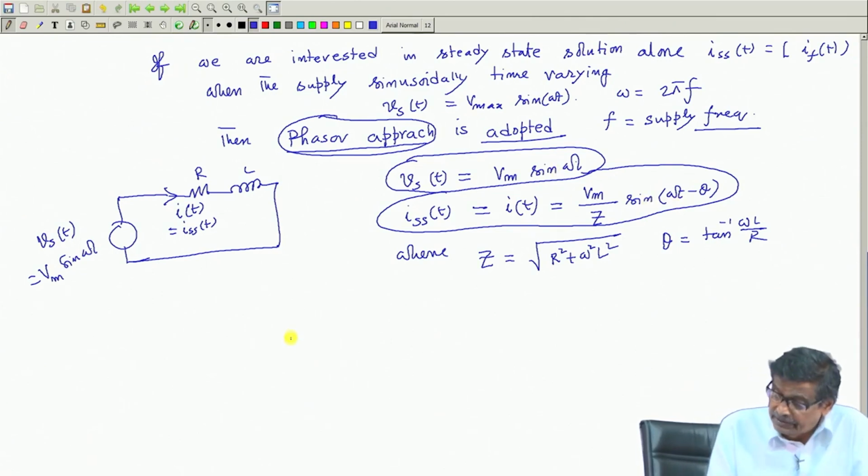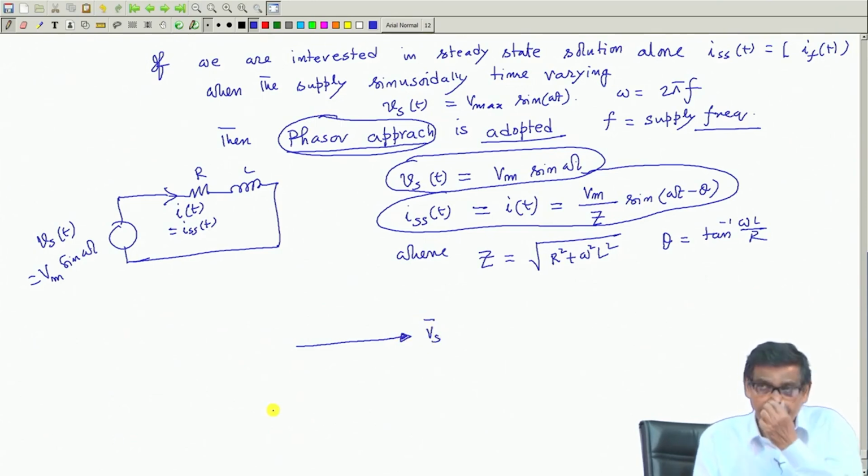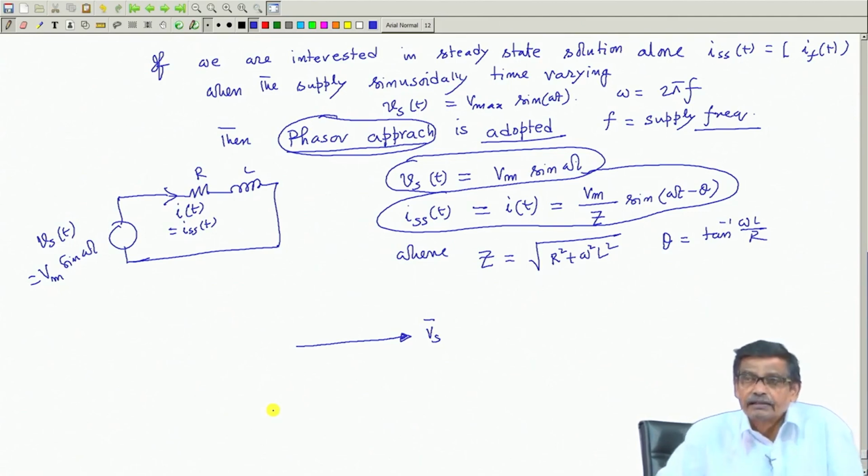So, I will represent the voltage phasor as Vs bar. A bar is put, a phasor quantity, and a capital letter, the supply voltage phasor.